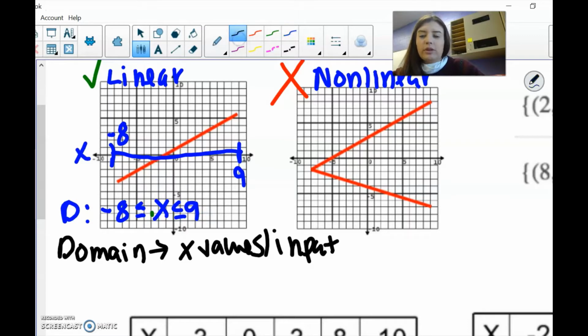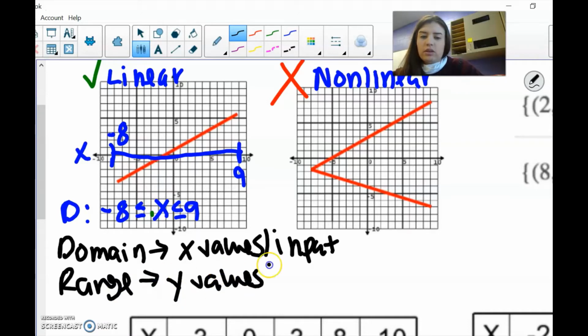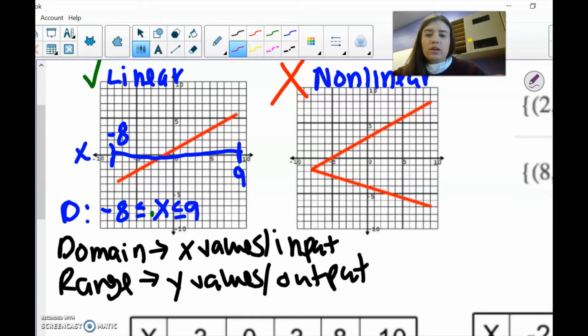Okay, now let's talk about our range. Our range is our y values, or our output. So on this graph, we have to look at our y-axis, which is this vertical axis. What's the maximum, the highest y value?